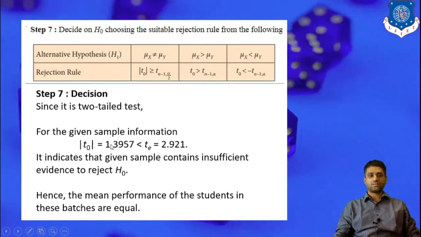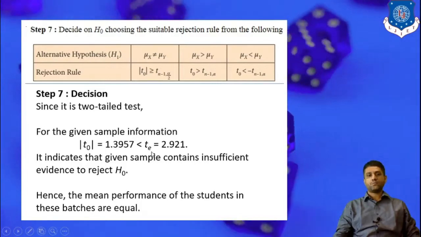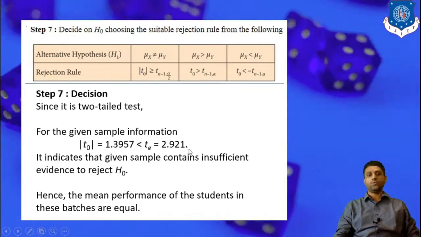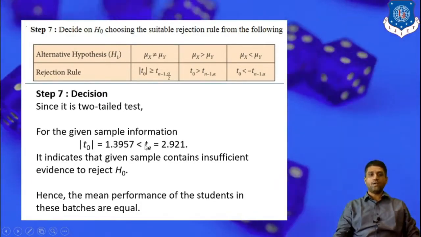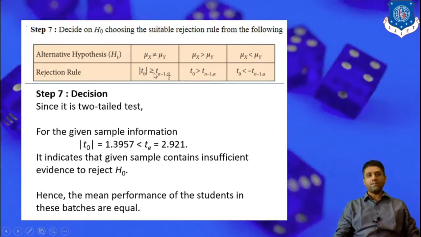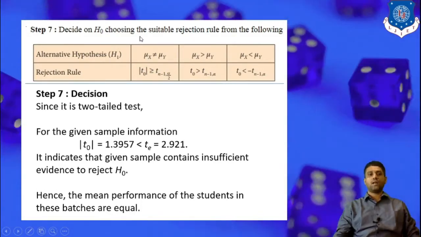But in our case, the observed t value is 1.39 and the tabulated t value is 2.921. So 1.39 is less than 2.921, that is, the observed t value is less than the tabulated t value. The rejection rule says that if the observed t value is greater than or equal to the tabulated t value, then we reject the null hypothesis.